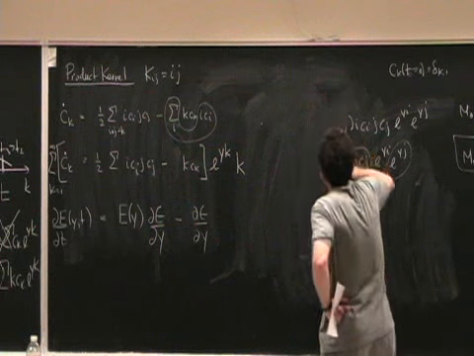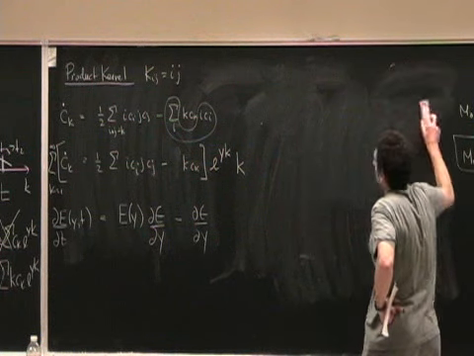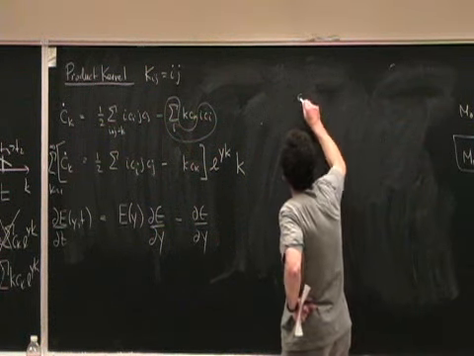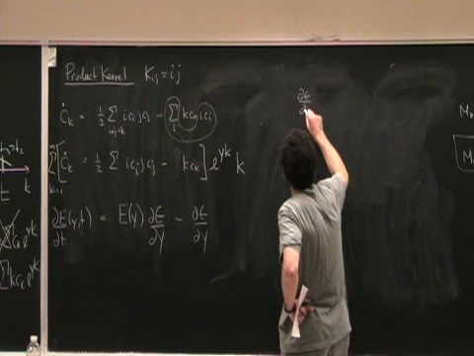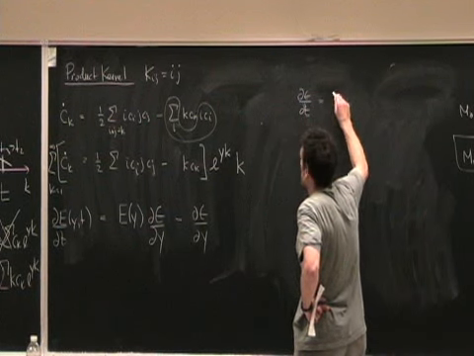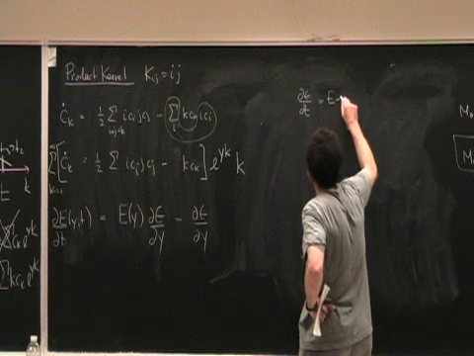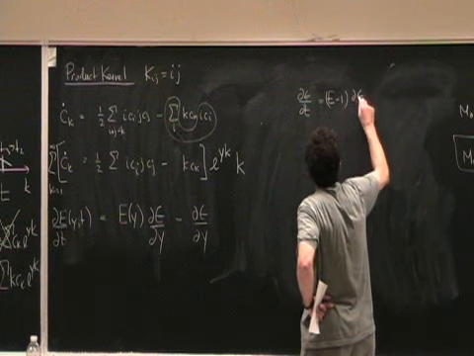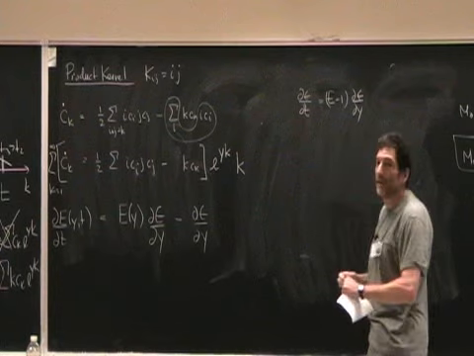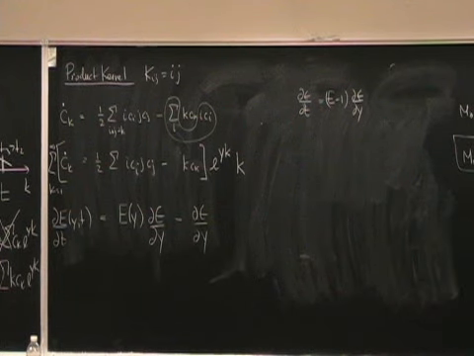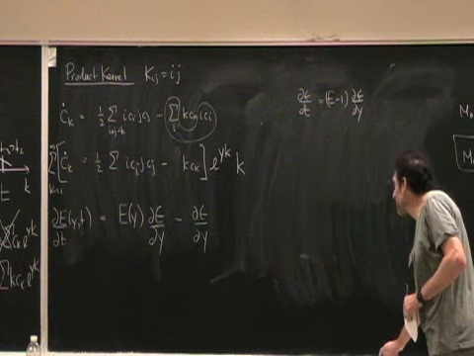So let's just look at this equation by itself. What we're going to have then is dE by dt, I'm going to stop writing the arguments, is equal to (e minus 1) dE by dy. This is Burgers' equation in disguise. Some of you may recognize this from nonlinear wave propagation phenomena.